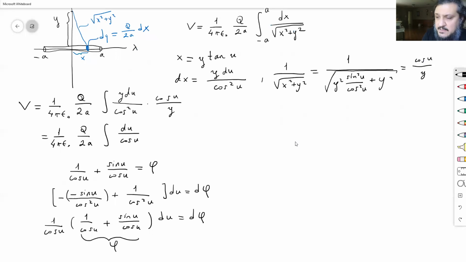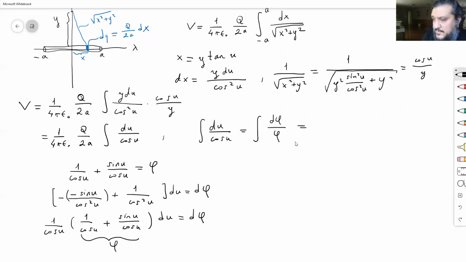So let me rewrite this here: du over cosine u becomes d phi over phi.